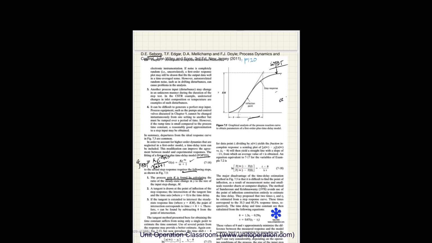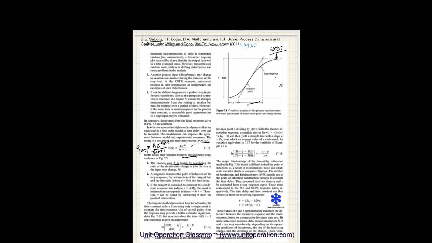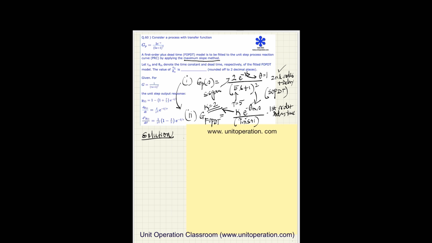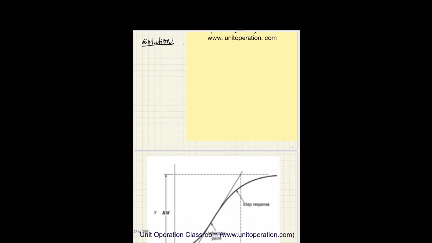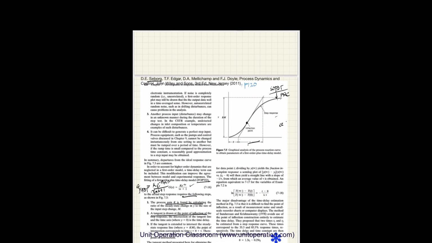Now what we have to do, a tangent is drawn at the point of inflection. So if this is the PRC, that's the process reaction curve, we have to draw a tangent at the point of inflection. So this is the point of inflection. For finding the inflection, we have to find the maximum slope. And how do we do that?